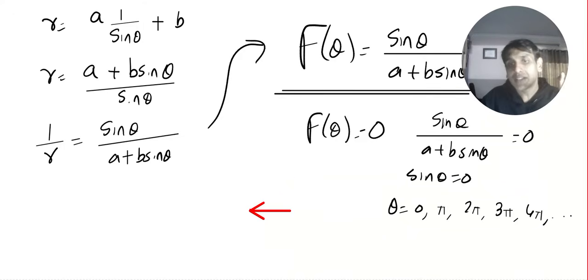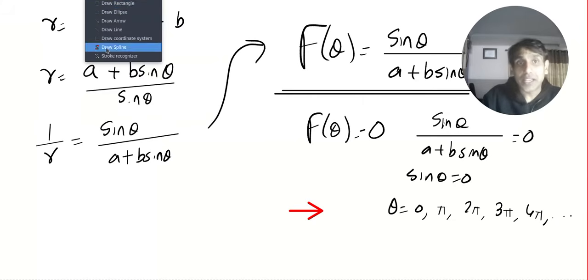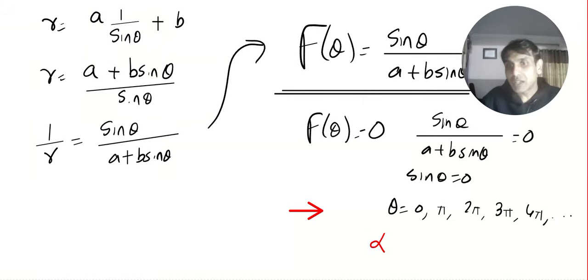I'm not going to take the same value again. I will take all possible values without repetition in one full rotation. So, can you guess the alpha values? Alpha can be 0, alpha can be π, and I'm going to ignore all the remaining values.